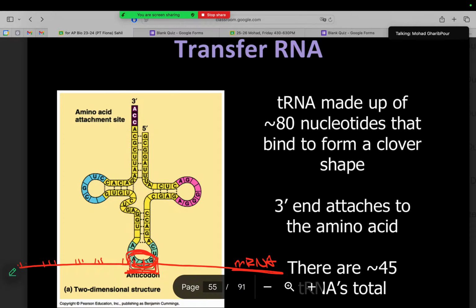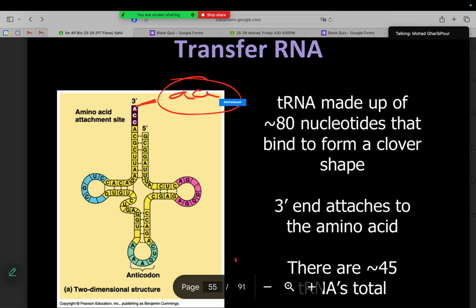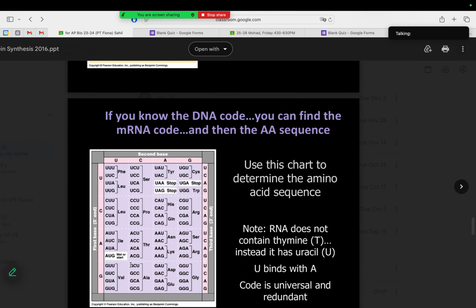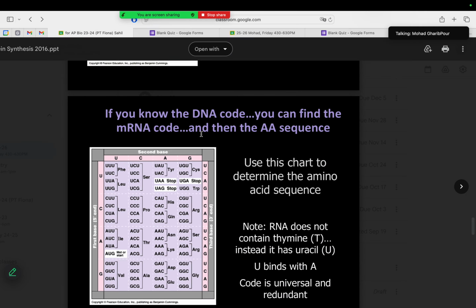So my codon on my mRNA is going to be UUC to match with AAG. So that's how it works. That's how you go from mRNA to the amino acid, which would be attached up here. If you know the DNA code, you can find the mRNA code and then the amino acid sequence.